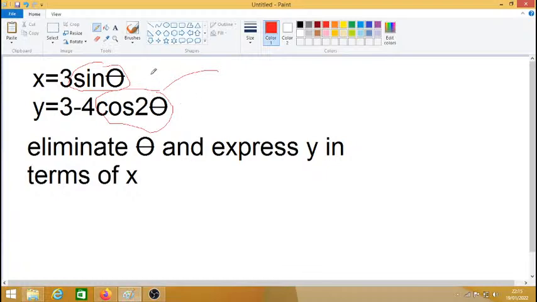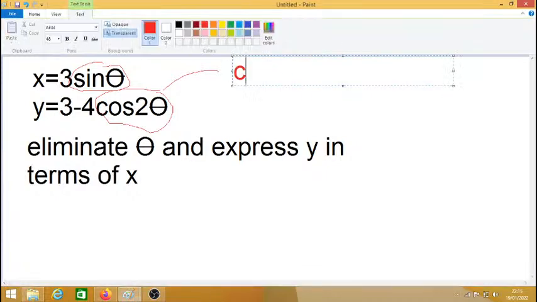So now, which of the 3 you pick, there'll be a big clue from the other one. Looking at the first one, you've got a sine theta in there, so you really want to pick the cos 2 theta formula that's got a sine in there. So let's just go through them quickly.